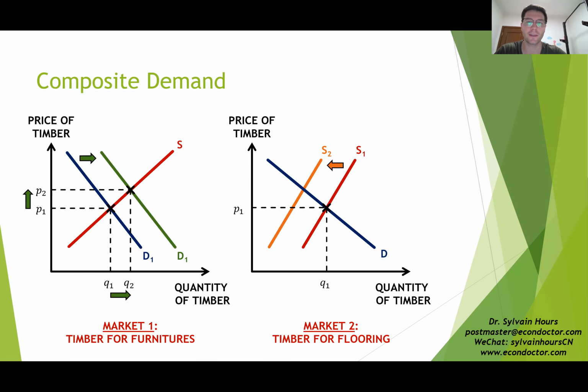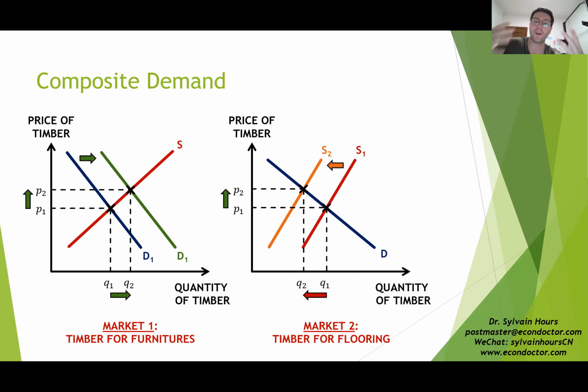So here I looked at the example of timber, basically wood. Let's say that the demand for timber for furniture increases. Then of course, the equilibrium price rises and the equilibrium quantity goes up.